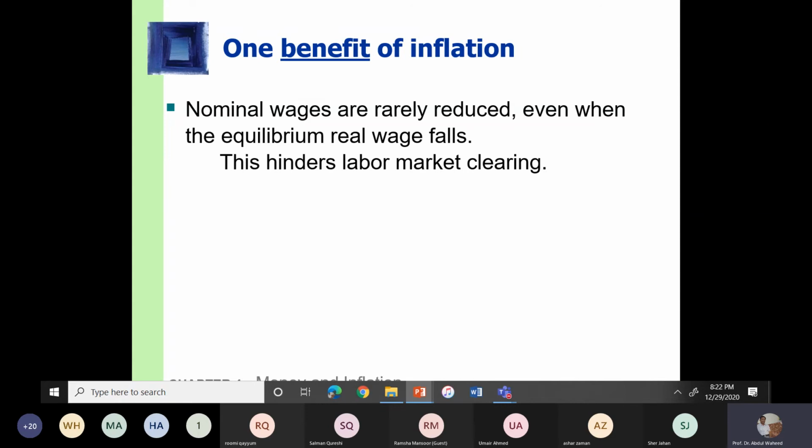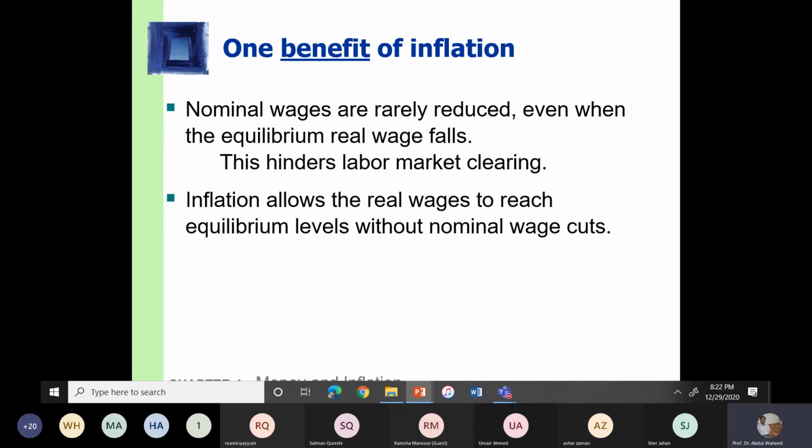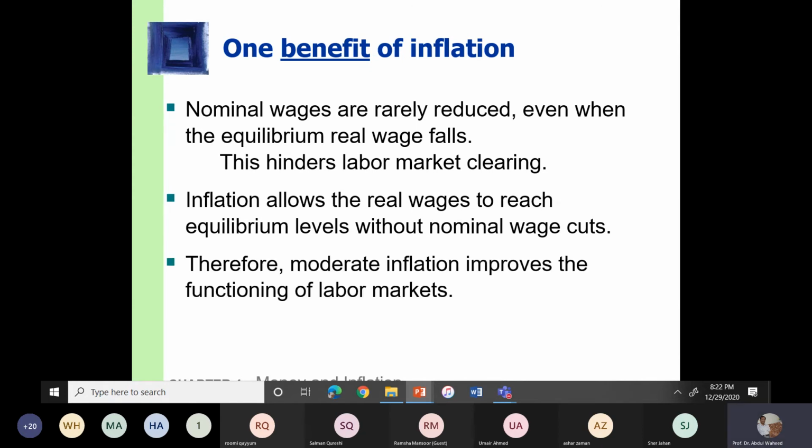So this hinders labor market clearing. Inflation allows real wages to reach the equilibrium level without a nominal wage cut. Therefore, moderate inflation improves the functioning of the labor market.